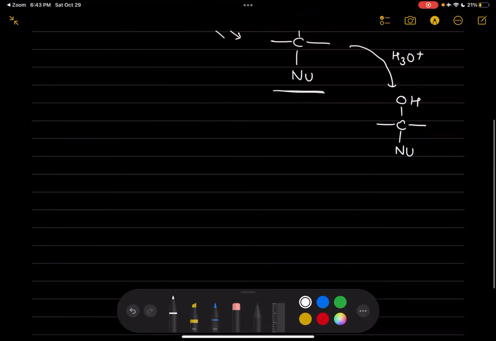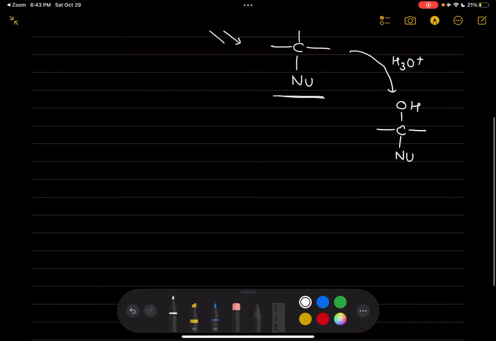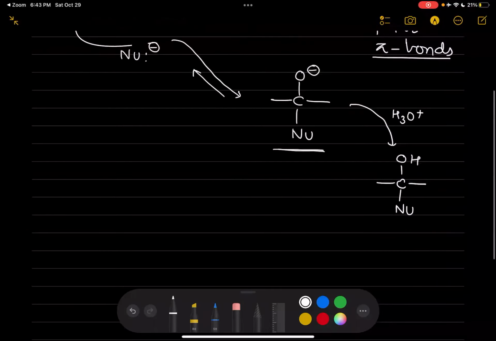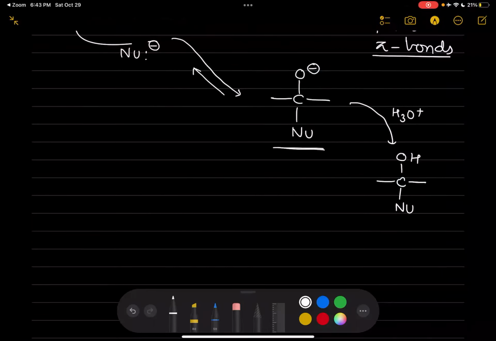So examples of nucleophiles and nucleophilic addition. Some of them we discussed in the alcohol chapter. So OH. Yeah, OH, that's right. Addition of Grignard we did. Yes, sir. Okay, so that is nucleophilic addition.